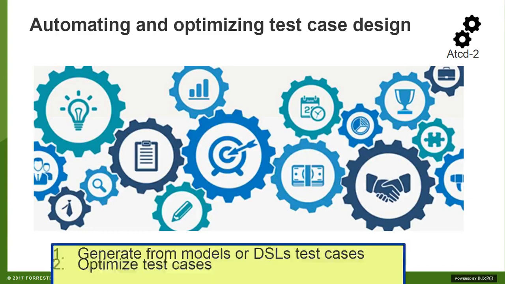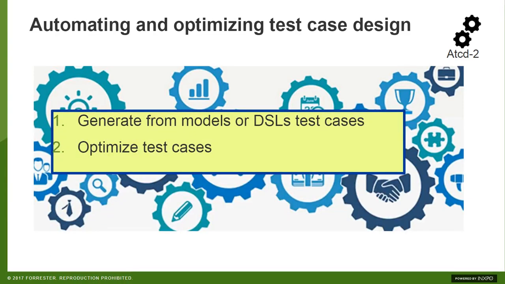next use case, which is the same type of use case, but now we're working on models, we're working on the language. And here again, you can apply some optimization.